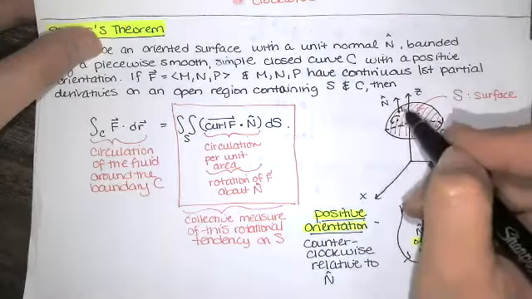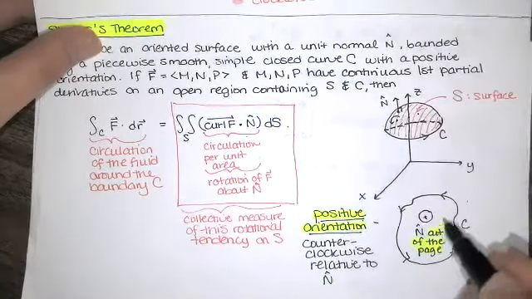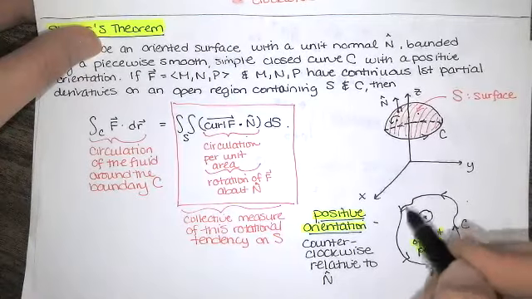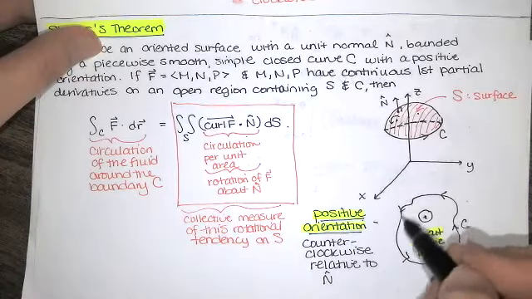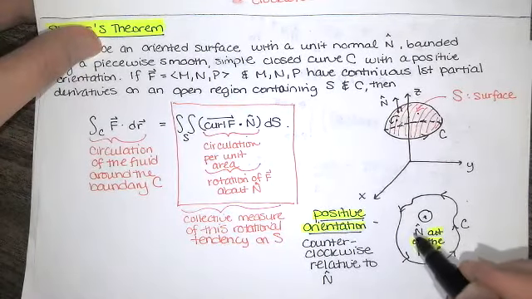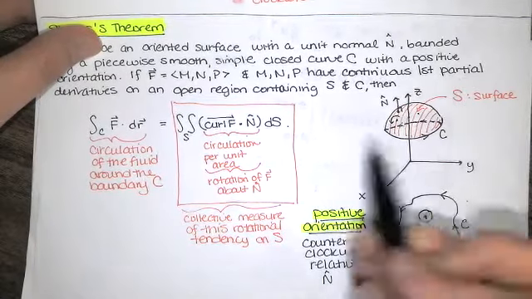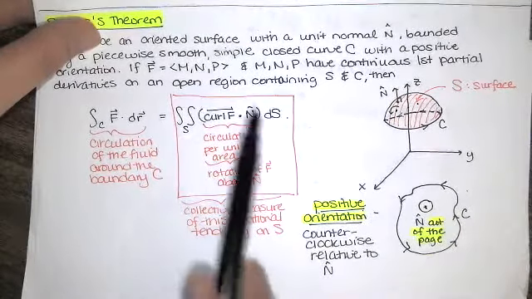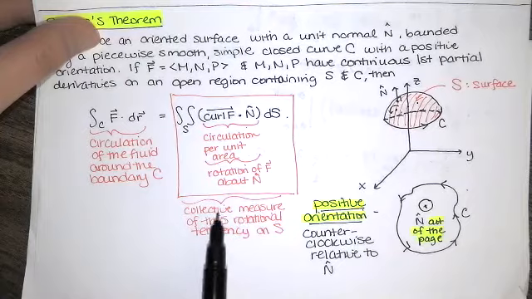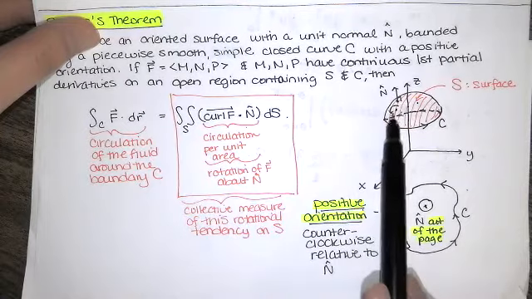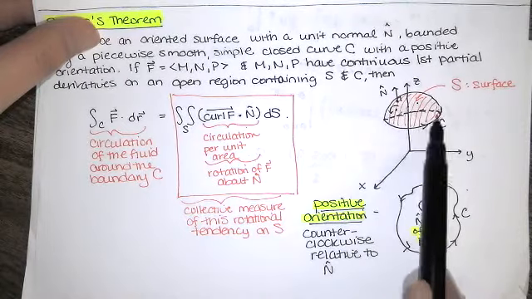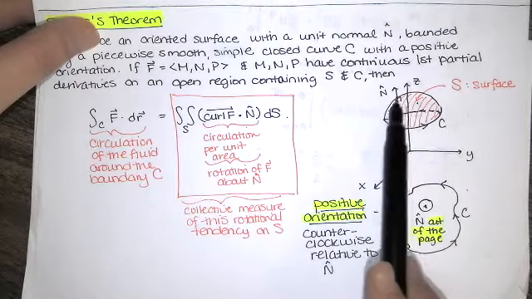So n hat is right there, and then we're looking at it from above. We're seeing if the circulation tends to be positive, so it's going counterclockwise, or negative, so it's going clockwise. And then we're adding all of that up. So we've got circulation here, and circulation here, and circulation here, and we've got circulation at all of these different points.